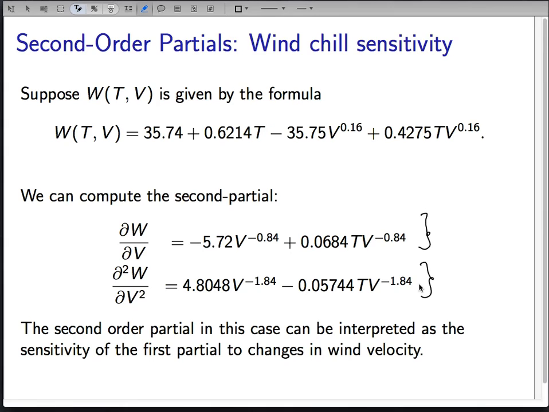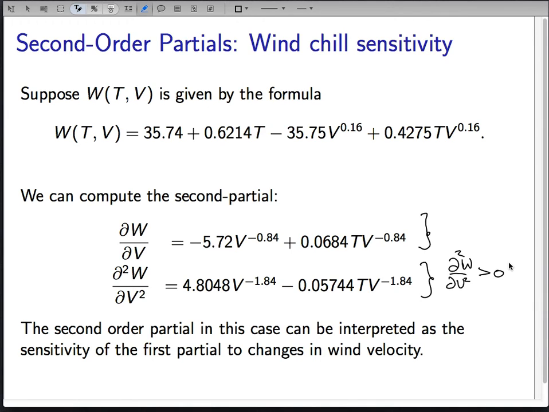In another sense, you can think back to single variable calculus, and this could tell you a little bit about concavity. So for example, if you knew that the second order partial d squared w dv squared was positive, then you would know that the function w is concave up with respect to v.